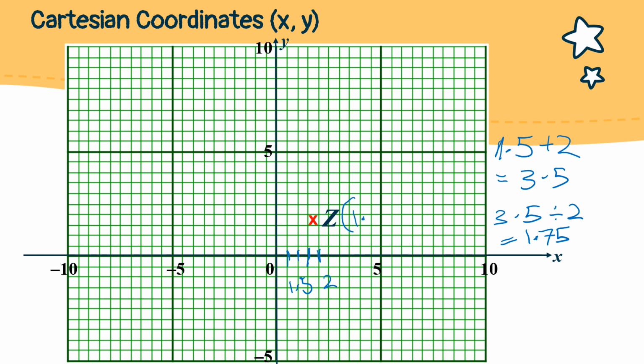So the x-coordinate is 1.75. For the y-coordinates, we have 0.5, 1, 1.5, and 2. So the middle of 1.5 and 2, just like the previous x-coordinates, we also will have 1.75.